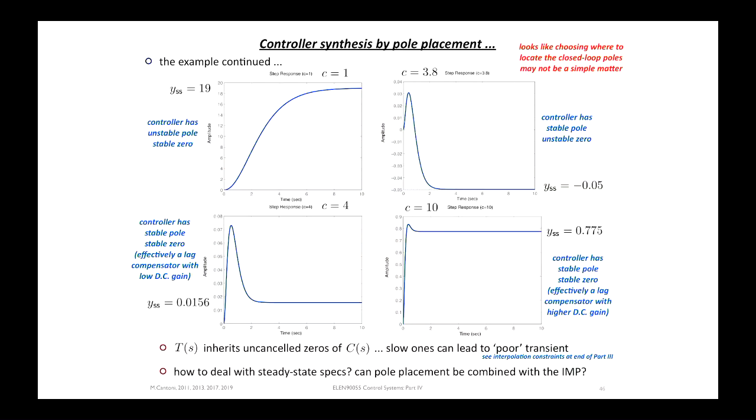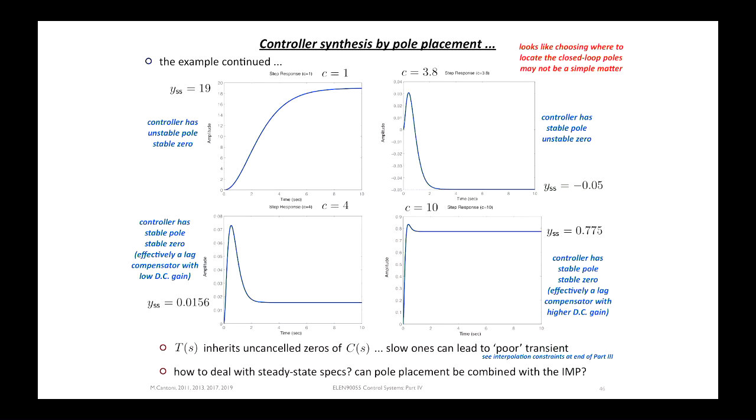Well, that's not very good tracking. Sure, the transient dies away after 5 seconds because we've chosen a time constant of about 1. But you've ended up with a DC gain that you probably don't want, even though you've chosen quite a sensible number here for the closed loop poles.